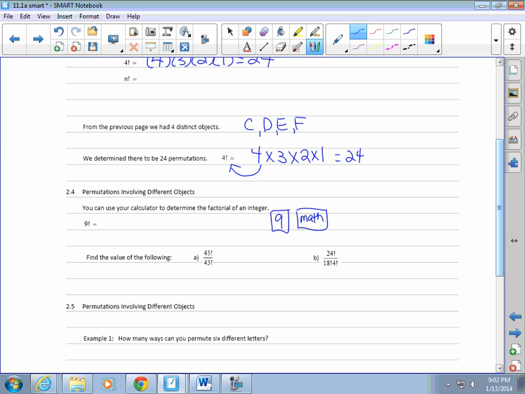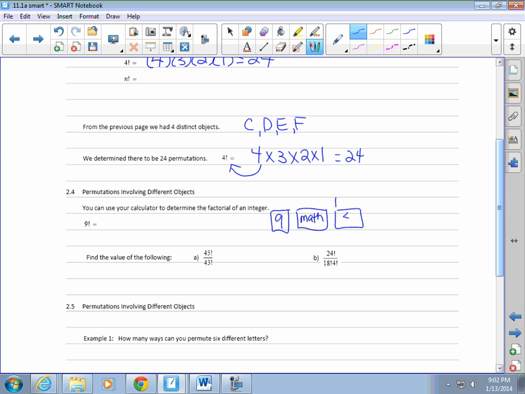So I do 9, then the math, and then I'm moving over to PRB, and if you use the left arrow key, it's going to move it over right there, otherwise you have to press the right arrow key 3 times.